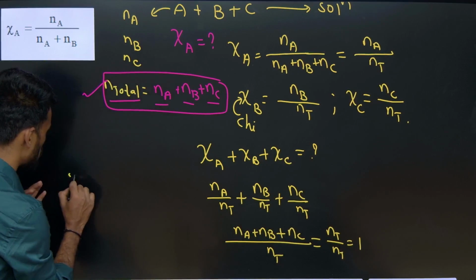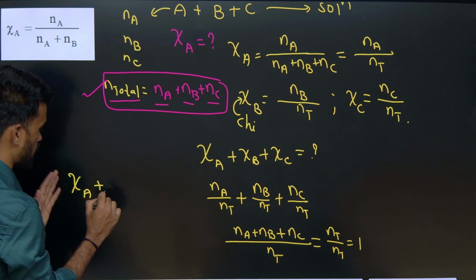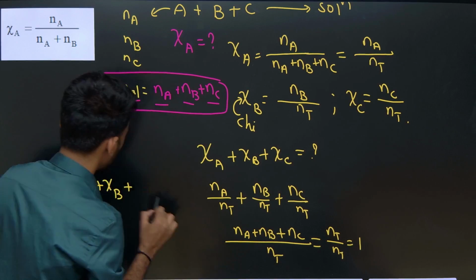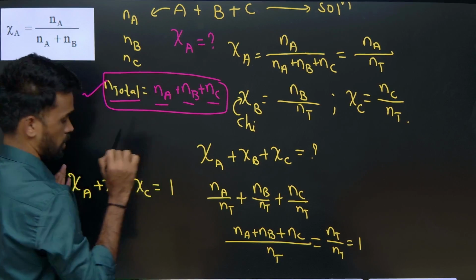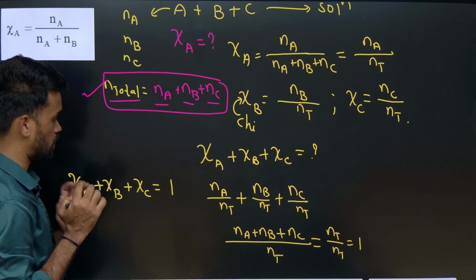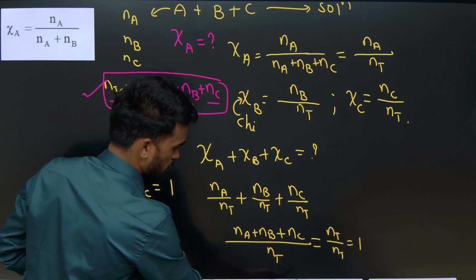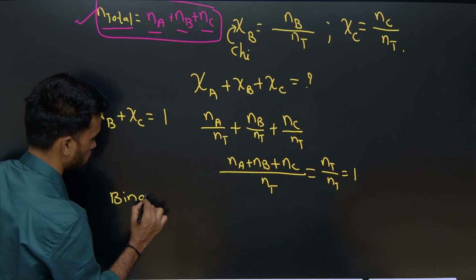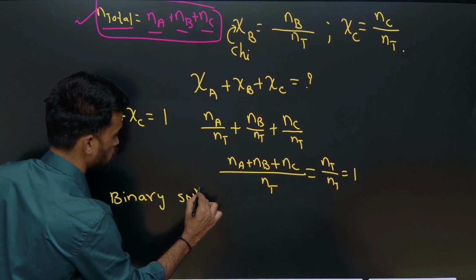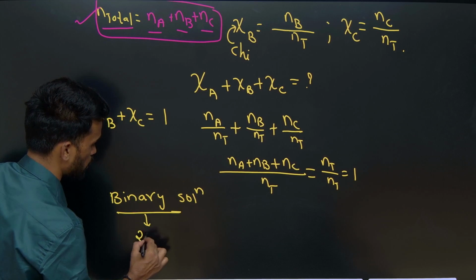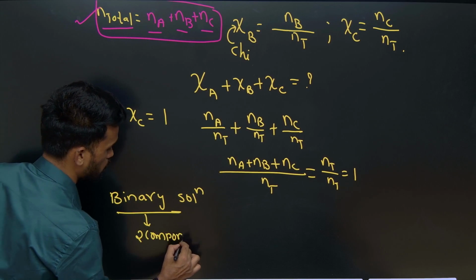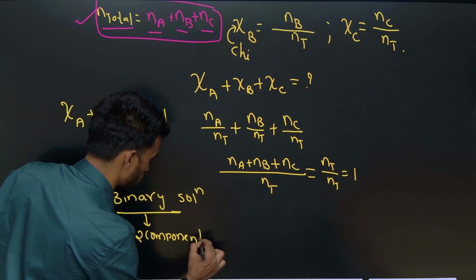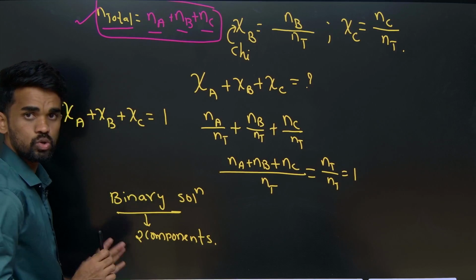So if any solution has components with mole fractions like this, the sum will be equal to 1. I hope this is clear. Now, a binary solution means it is made up of two components. How many components are there? Two components. Here it is called a ternary solution because it has three components, and binary when it has two components.